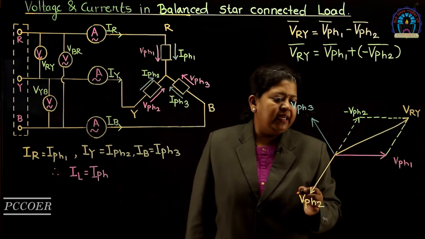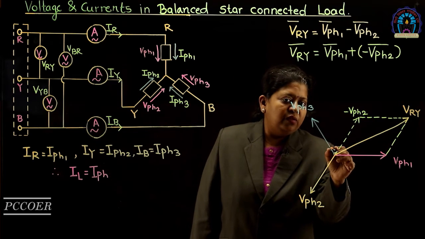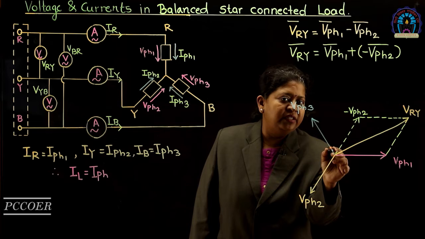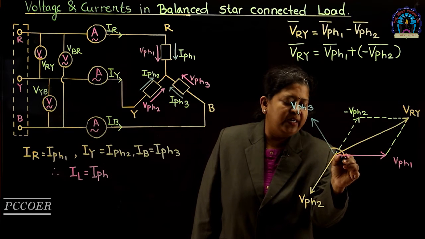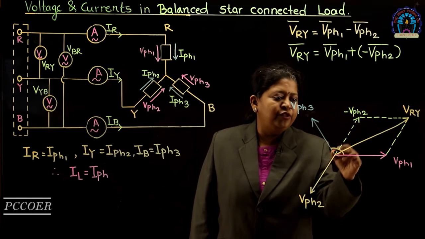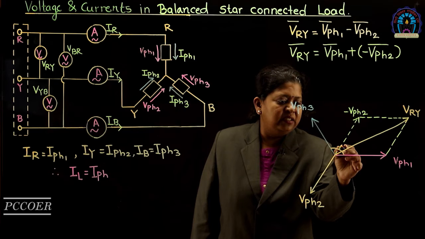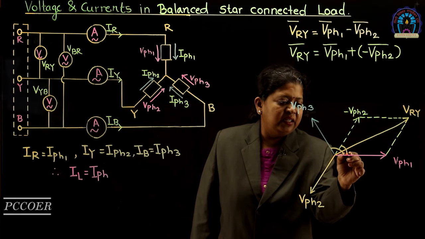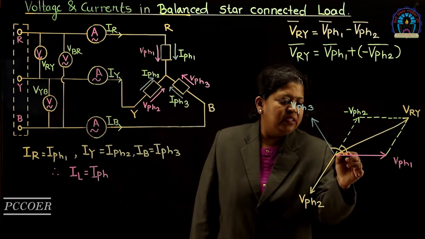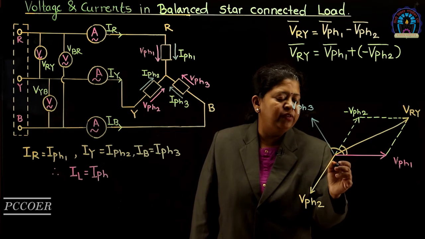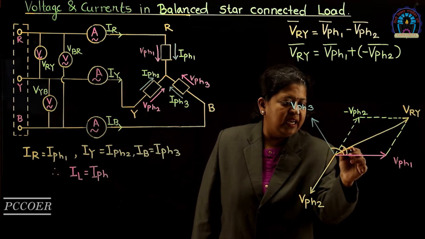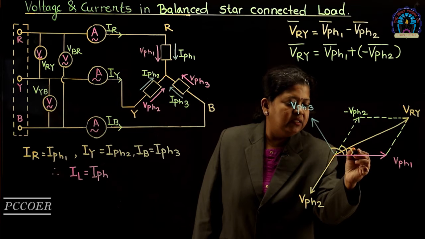We know that the angle between VPH1 and VPH3 is 120 degrees. When we extend VPH2 backwards, this divides this 120 degree angle into two equal parts. So the angle between VPH1 and minus VPH2 is 60 degrees, and the angle between VRY and VPH1 is 30 degrees.